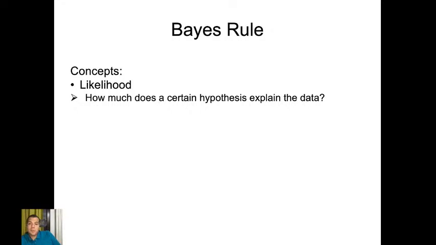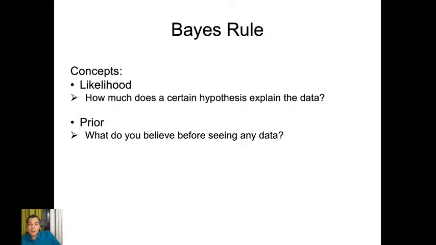Okay, so some concepts in the Bayes rule. We're using likelihood. So how much does a certain hypothesis explain the data? Then the prior, so what do we believe before seeing the data? For example, this could be the class distribution of the data. In practice, if we collect many images of objects, we'll probably get many images of persons, because people usually take photos of people or other interesting objects.